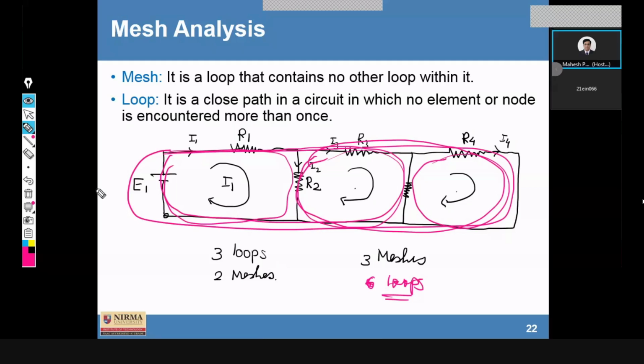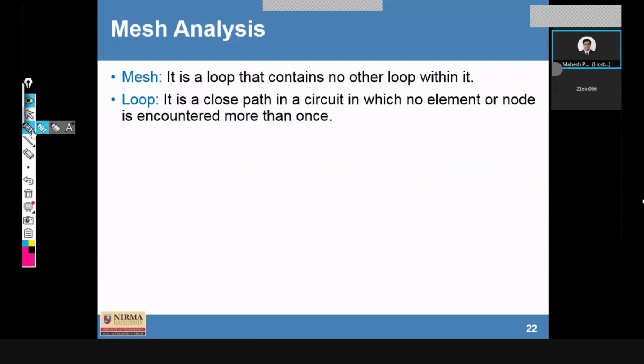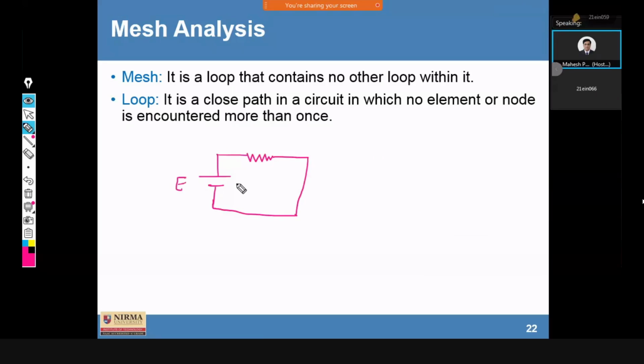Yes, sir. Okay. The second thing I would like to share with you is regarding the direction of current. Suppose a passive element is connected to a circuit, and here the resistor is there as a passive element.